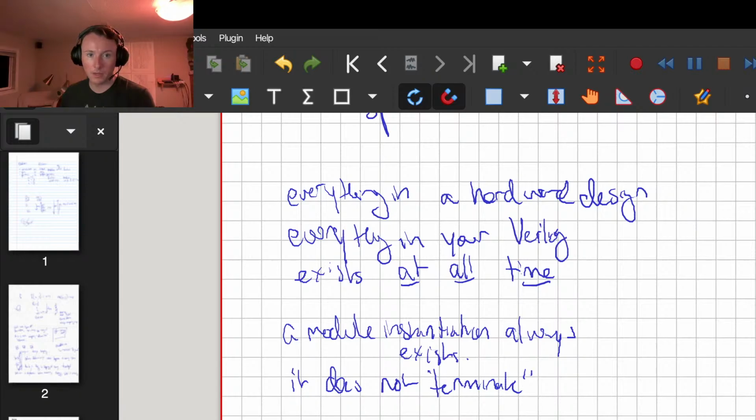And I'm going to put terminate in quotes here because terminate really doesn't mean anything in the world of hardware. Remember, the chip exists. It's static. It's just there. It's just a baked piece of sand. And of course, we're getting dynamics out of it by running electricity through it and all these little devices on it. They're switching on and off. But the chip itself, everything described in the Verilog is just there.